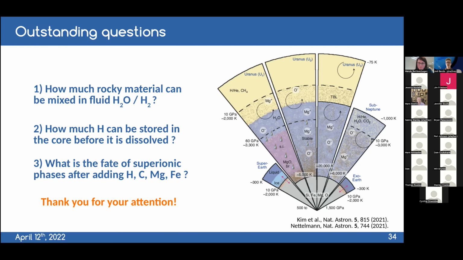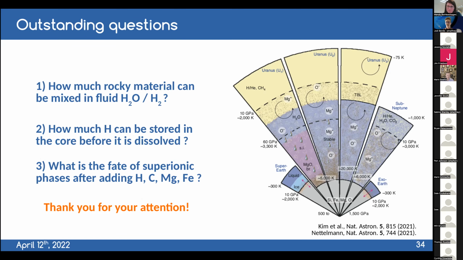So I'm curious, what types of measurements from something like a Neptune or a Uranus orbiter would you need to better constrain some of these models, or maybe even outright answer some of these outstanding questions that you have? Well, I think for Uranus and Neptune, the gravitational moments are still pretty unconstrained.